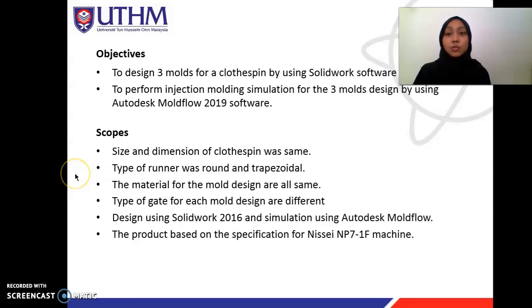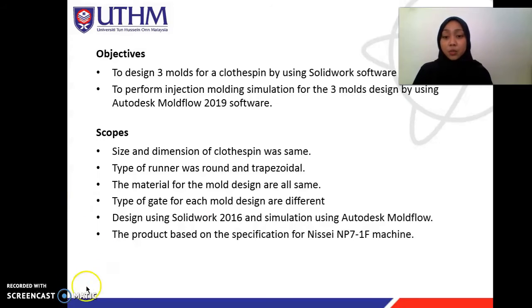The objective is to design 3 molds for a clothespin by using SolidWorks software version 2016. And the second one is to perform injection molding simulation for the 3 mold designs by using Autodesk Mold Flow 2019 software. And the scopes of this study: the size and dimension for the clothespin are the same.